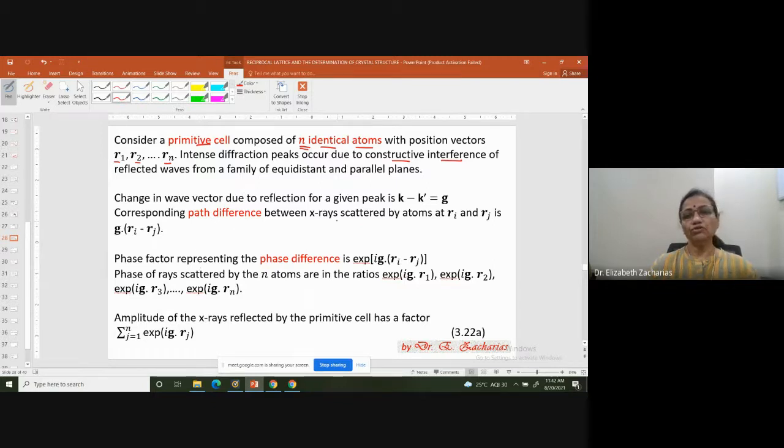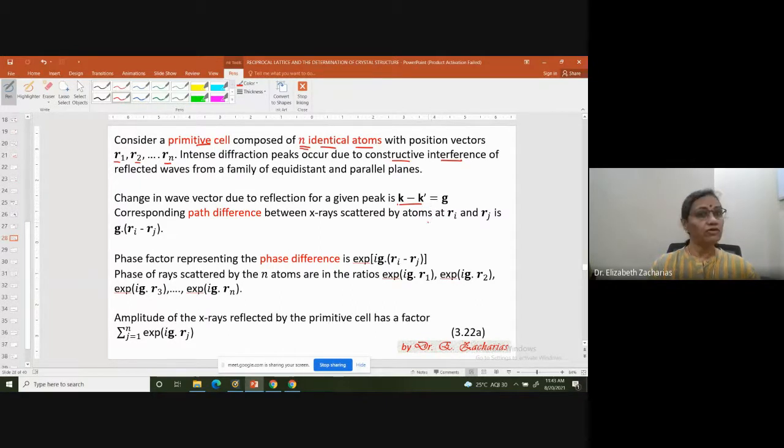And you also studied in the beginning of the chapter that when there is a reflection from a given plane, the change in wave vector, k minus k prime, is equal to G, where G is the reciprocal lattice vector corresponding to that family of planes.